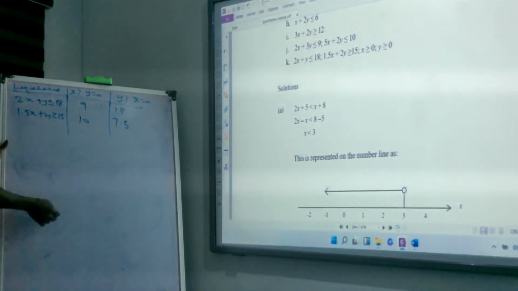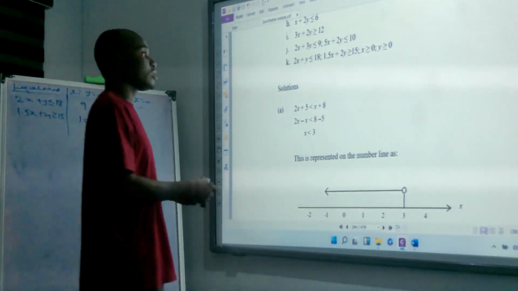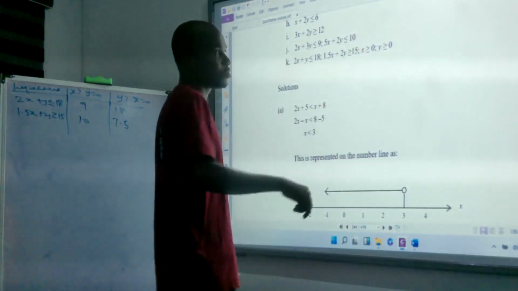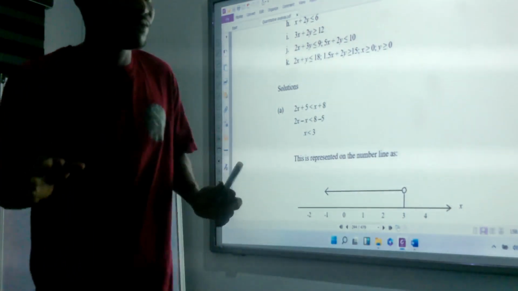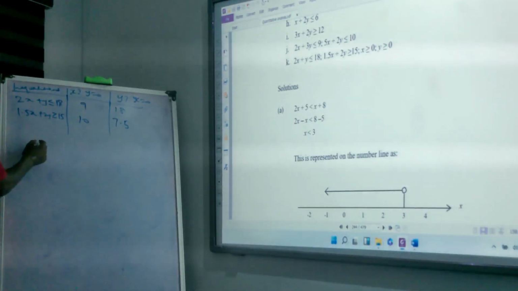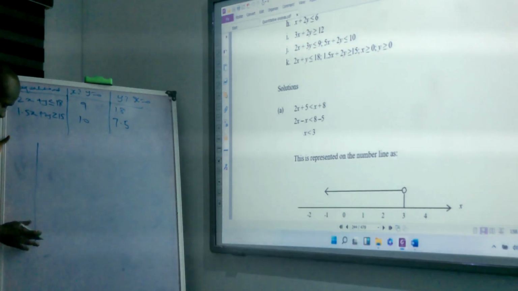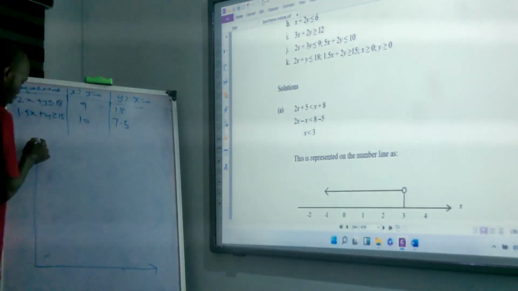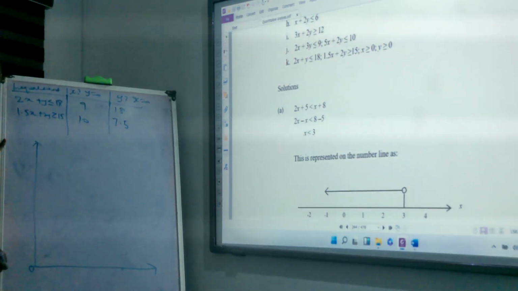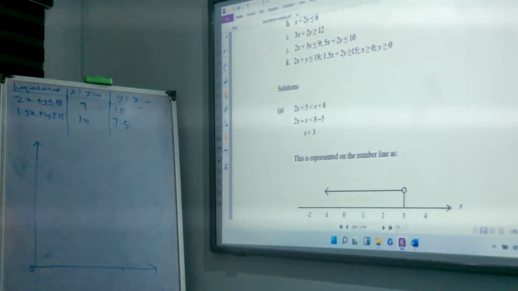Now, since we have the other inequalities, x greater than or equal to 0, y greater than or equal to 0, it is telling you to only consider the positive values for x and y. So we'll have only this, and this and this. No negative value at all. I won't draw this one down to a negative, I won't draw this one here to a negative for x.